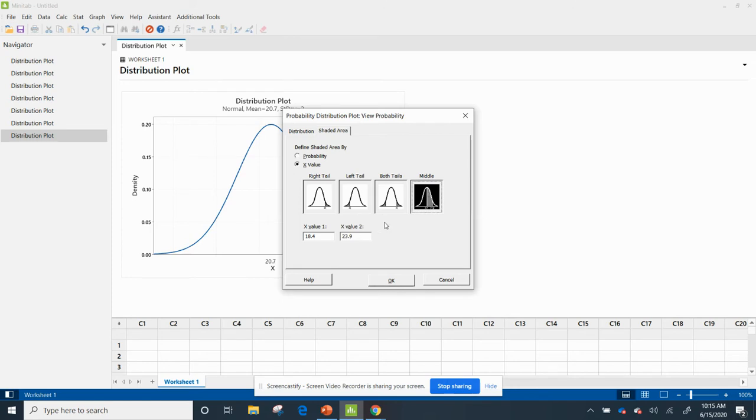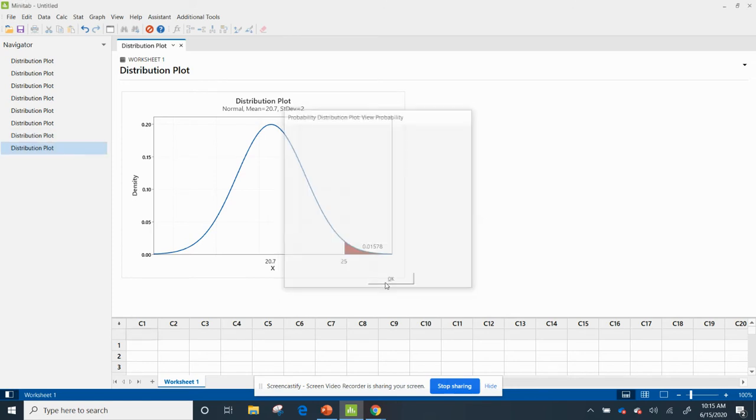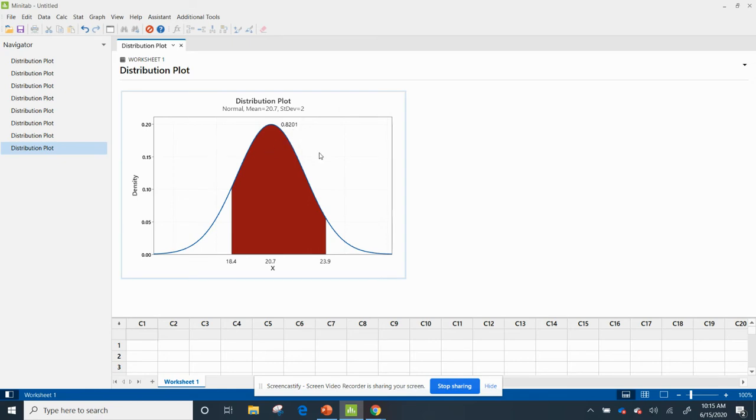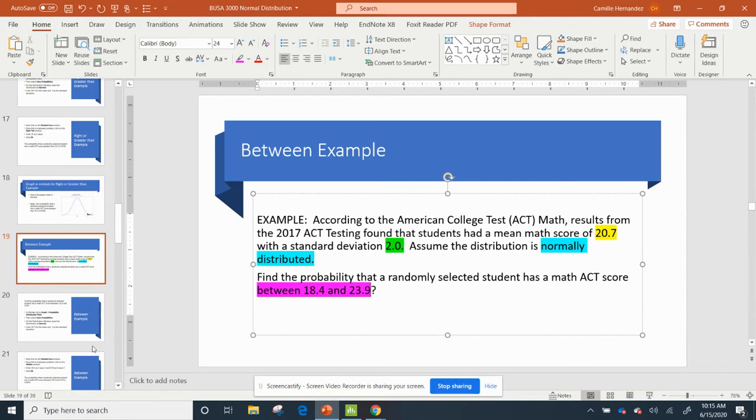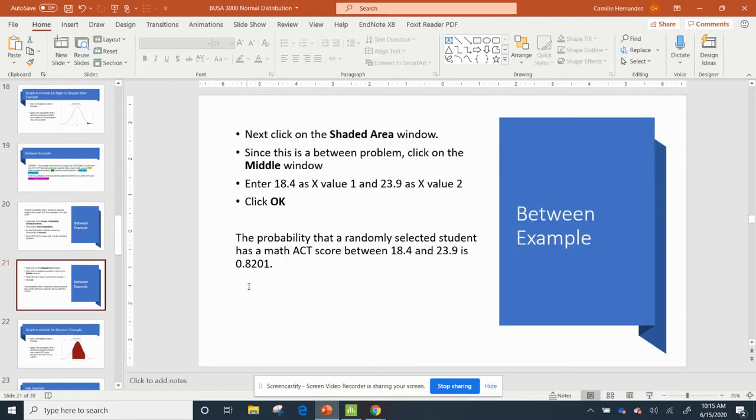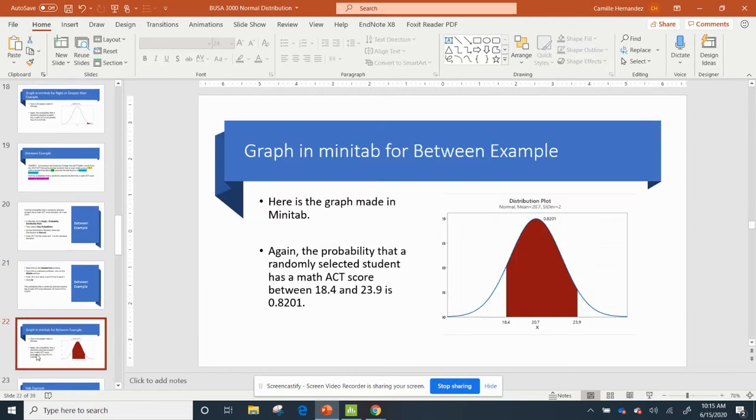And again, I have two values. So I hit OK. And look, it gave me this graphic where 18.4 and 23.9, and the area in red is the area I'm concerned about, and it gives me 0.8201. So what does that mean? Let me go to the final slide.